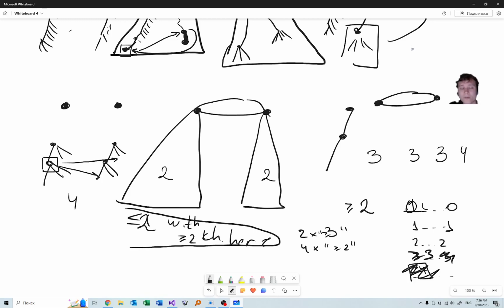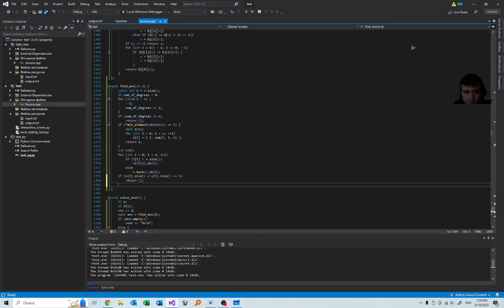Now actually I know the total depth. The total depth is something like the total number of 1s, 2s, and 3s. So if it is even, it is also really easy. Why?